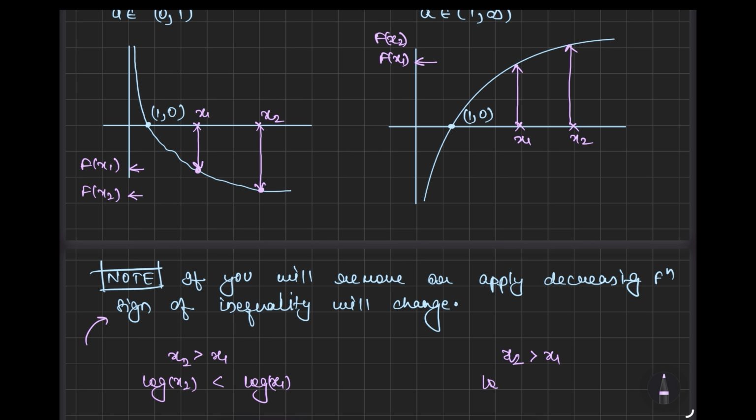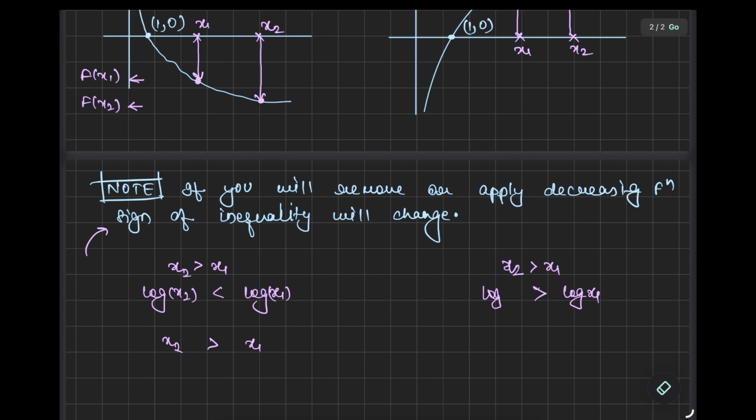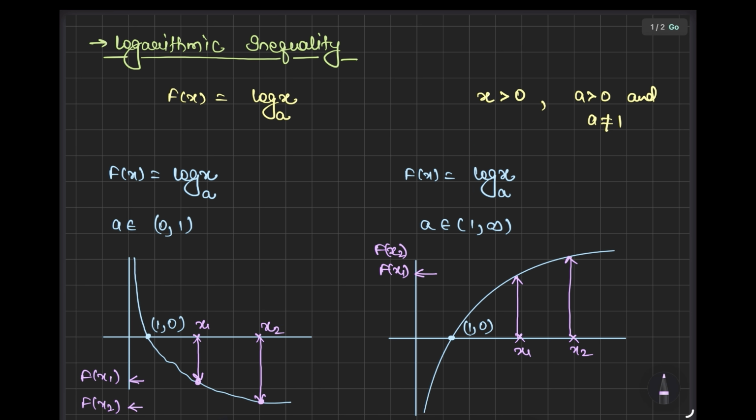If you apply log of x2, it will become log of x1. You know that f of x2 is bigger, so it doesn't affect the sign of inequality, correct? So if you apply or remove an increasing function, it doesn't affect the sign of inequality. But if you apply or remove a decreasing function, it will affect the sign of inequality.